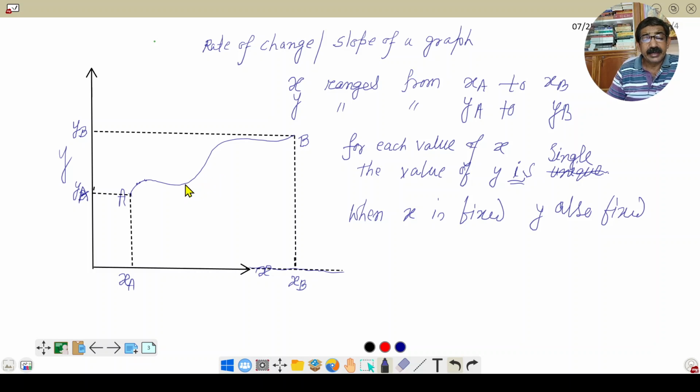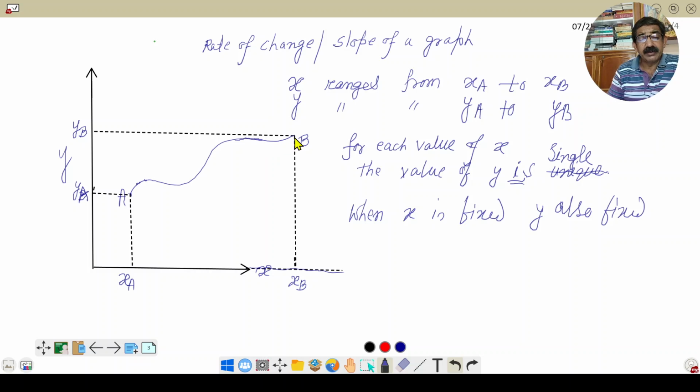Then again y increases with the increase of x, and at this point y is almost constant, and then again y increases with the increase of x. So this is the mode of change. We may express this change by a suitable mathematical equation, though it is not given here. So this is the curve.